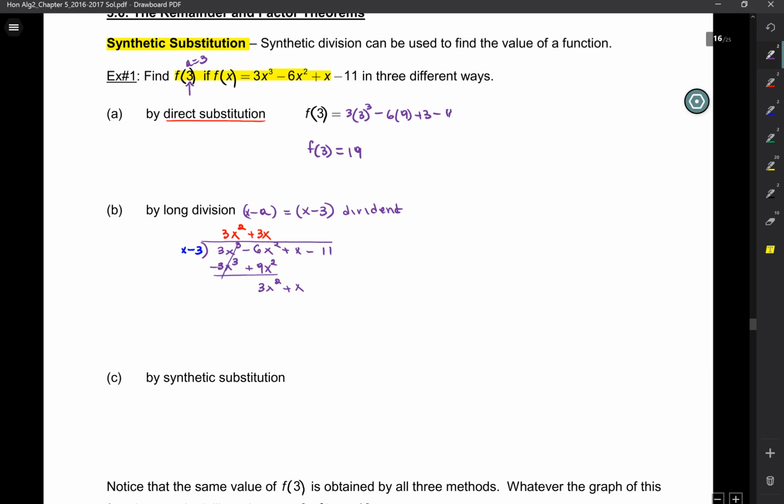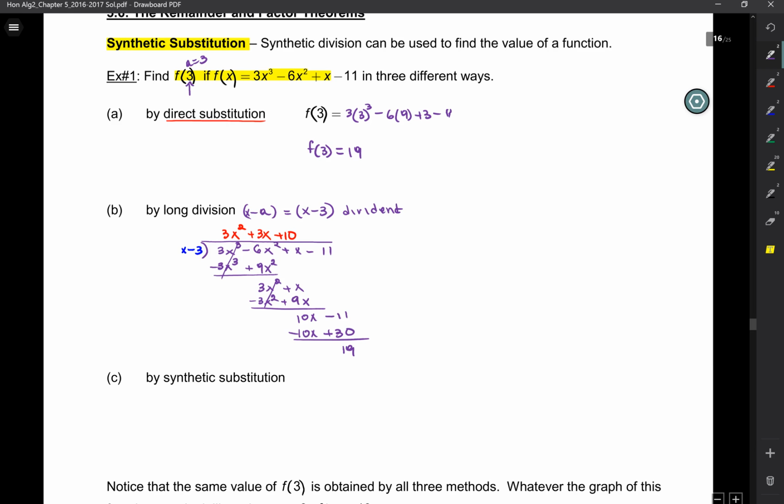So that gives me 3x squared minus 9x. I'm going to subtract. All right, so what does that give me? 10x minus 11, right? And the next part of the quotient, plus 10. So I have 10x minus 30, and I'm going to subtract. And what do I have left over?